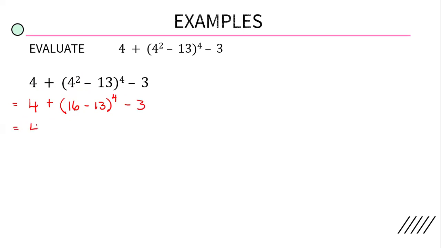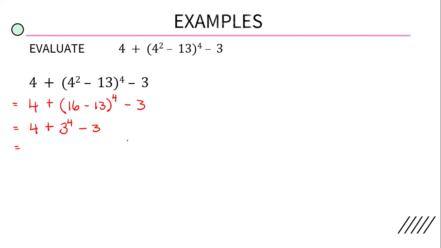Bringing down my 4, my plus sign, dealing with my bracket. 16 subtracting 13 gives me 3. And 3 is raised to the power of 4, subtracting 3. I have 3 to the power of 4, so I need to deal with that.